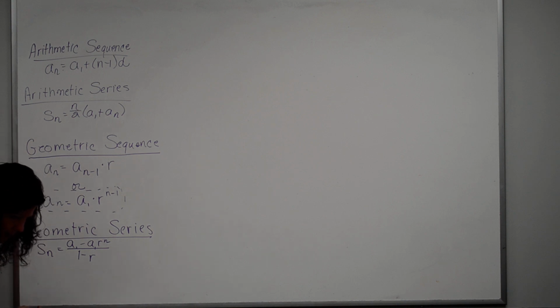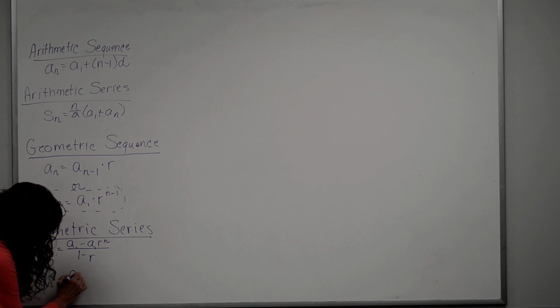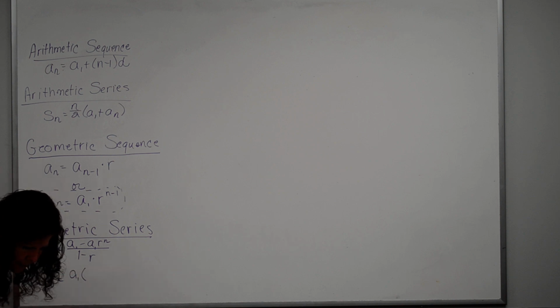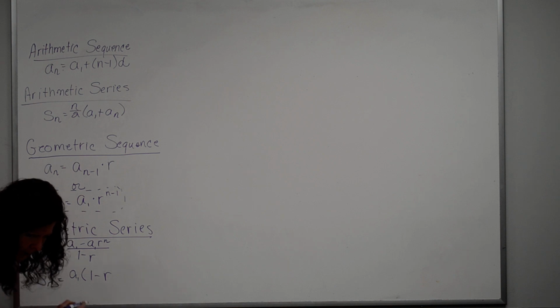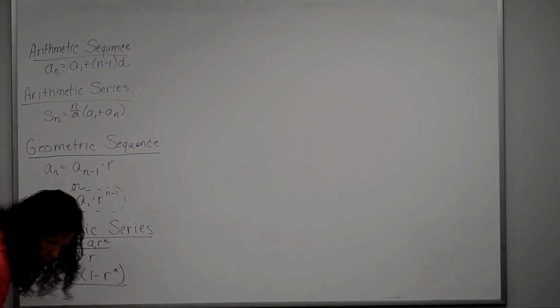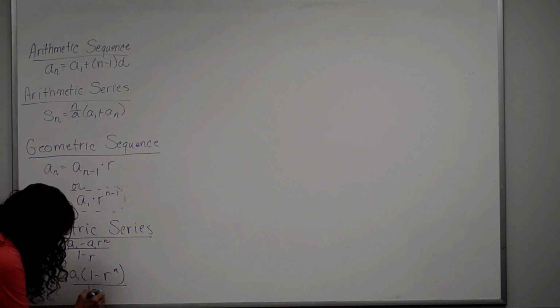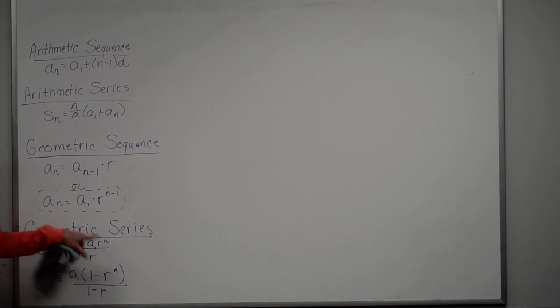Versus on this one, S sub n is equal to a sub 1 times 1 minus r to the n power, over 1 minus r. Actually, I don't know why they do it this way. Look, these are the same thing. This one is distributed from that one.